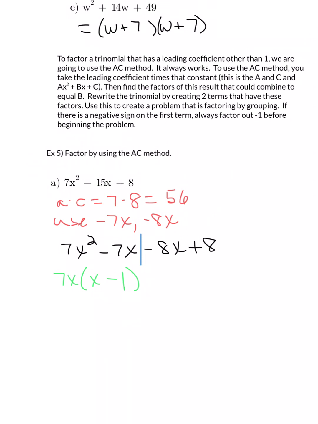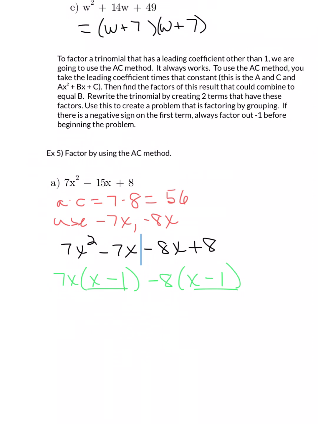If I just take out a positive 8, I would have negative x and positive 1. That's not going to work. I'm going to take out a negative 8 instead. Negative 8x divided by negative 8 gives me positive x, and then positive 8 divided by negative 8 leaves me with negative 1. That way I made sure that my two quantities will match each other.